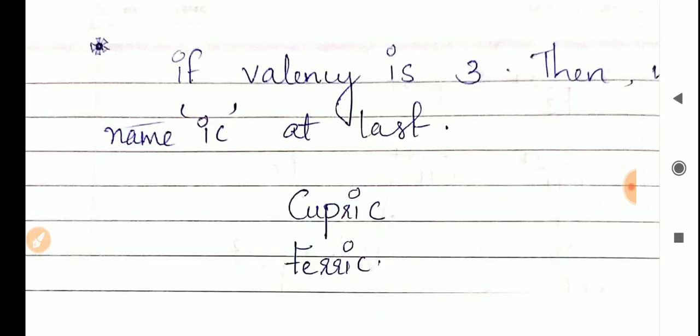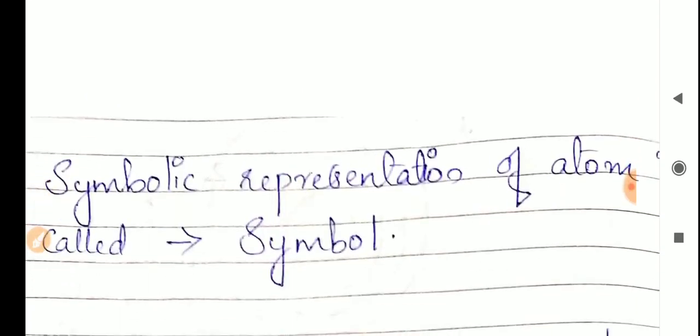If an atom removes 2 electrons, we will use OUS at the last, like ferrous, cuprous, etc. If an atom removes 3 electrons, like Fe3+, Cu3+, etc., then we will use IC at the last, like ferric, cupric, etc. So 2 examples you should study. Last year also, the same topic came in the exam.